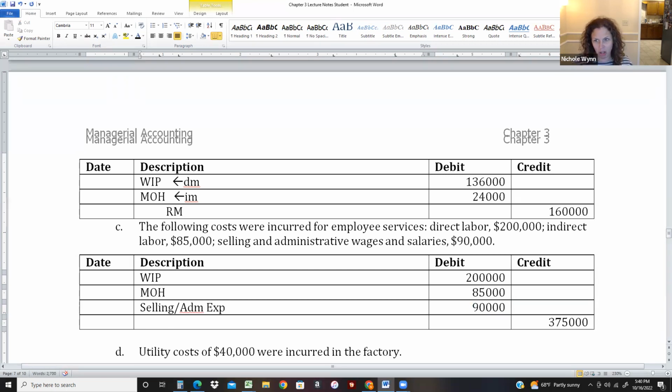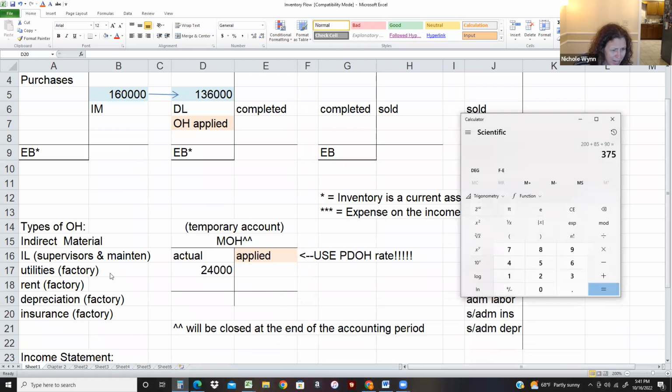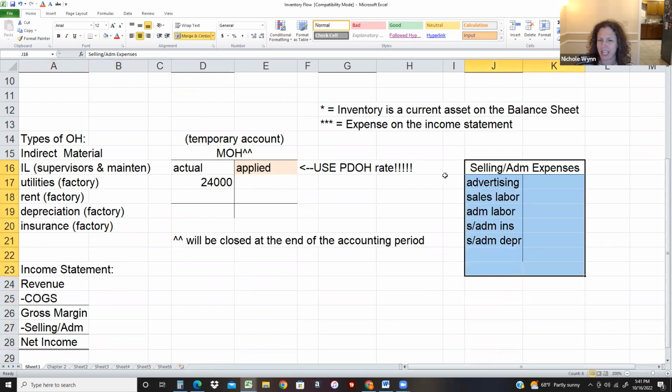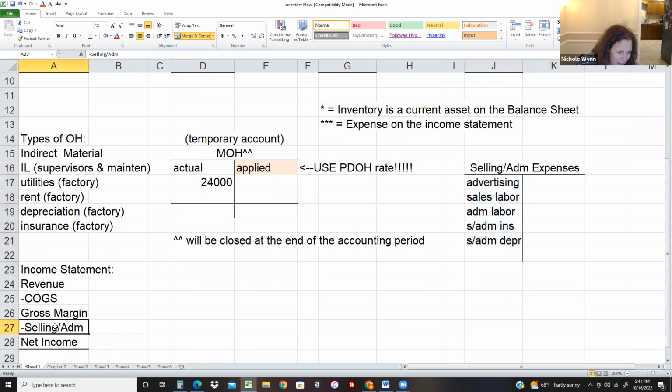We're going to put all of our selling and admin expenses in one account, because when we get to the income statement, I need all of the selling and admin expenses to come off of the income statement. So in this expense account, I'm just going to put advertising, sales labor, admin labor, selling and admin insurance, depreciation, whatever. All of those things are going to go on the debit side of selling and admin expense. It's an expense, that's why it's a debit.